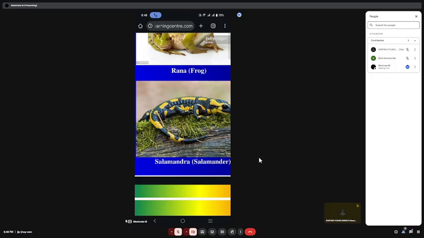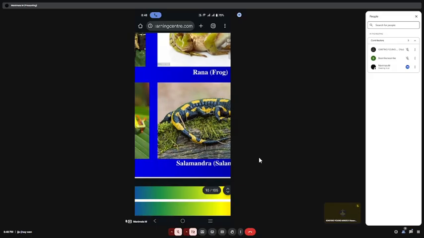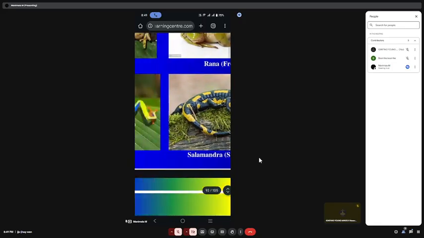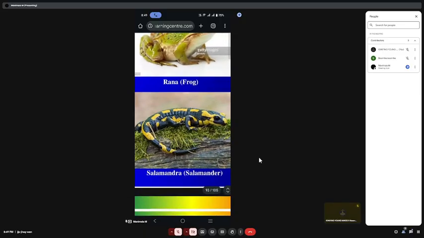The larva stage is aquatic. In body division, they have two divisions: one is the head region, and another is the trunk region. Here the neck is absent and the tail is absent, but in the salamanders the tail is persistent.